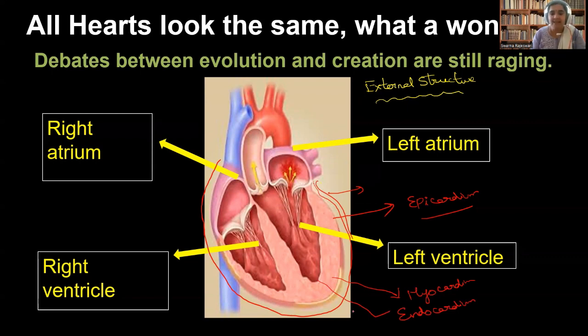So the wall of the heart has an outer layer, the epicardium, a middle layer, the myocardium, which is made up of muscle, and the innermost layer, the endocardium.